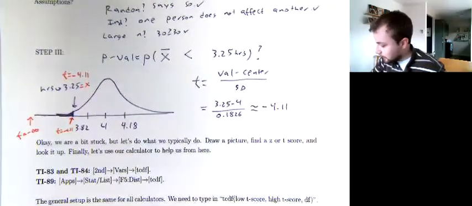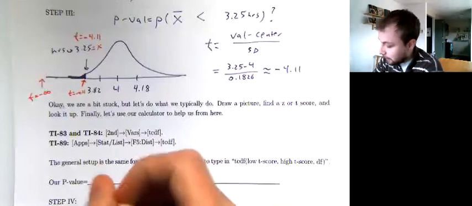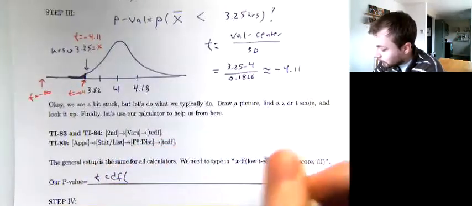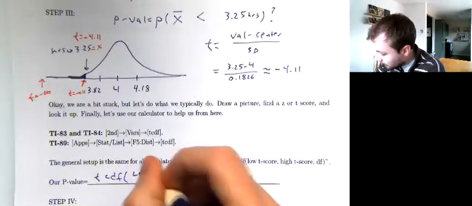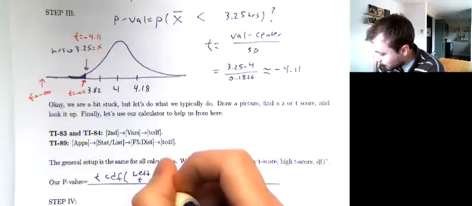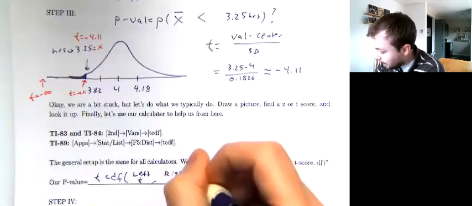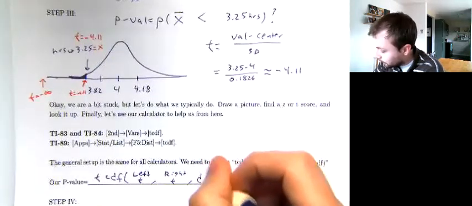So if I'm doing this thing by hand or wondering what the setup looks like, it is TCDF, the lowest t-score, so this is that t-score on the left side, comma, whatever t-score you have on the right side of your shaded in region, comma, your degree of freedom.